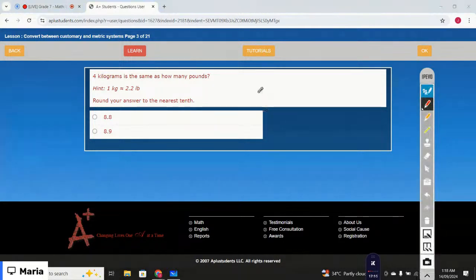You have to calculate 4 kg. You have to do 4 times 2.2, right? So 4 times 2.2 is 8.8 pounds. Option number 1 is the correct option. The correct option is option number 1, that is 8.8.